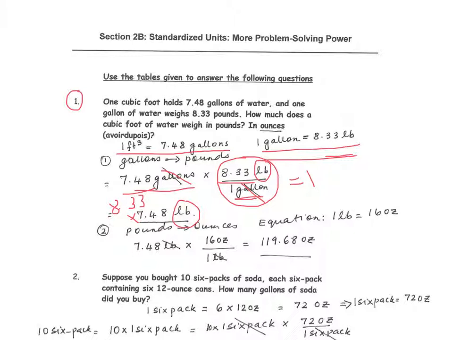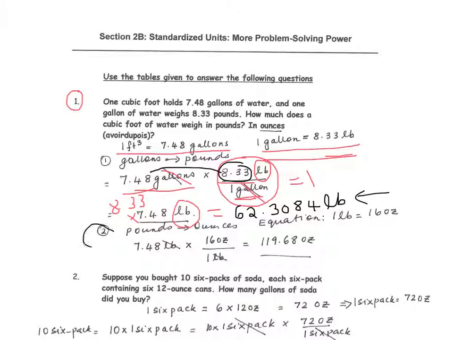So the final answer is 62.3084 pounds. So I forgot to multiply the 8.33 with the 7.48, and hence the error that we just fixed.